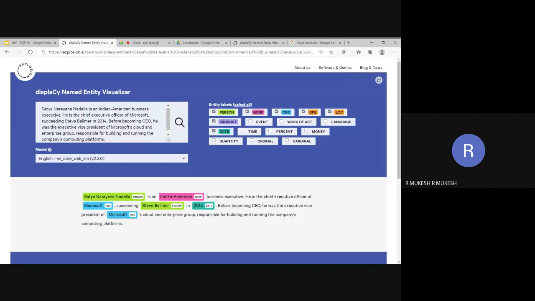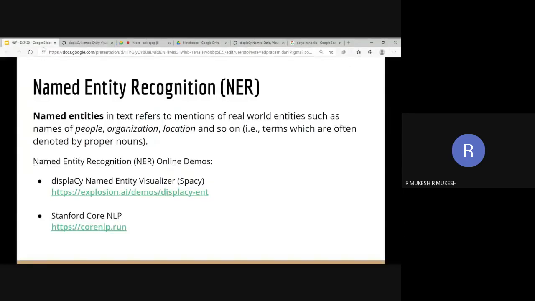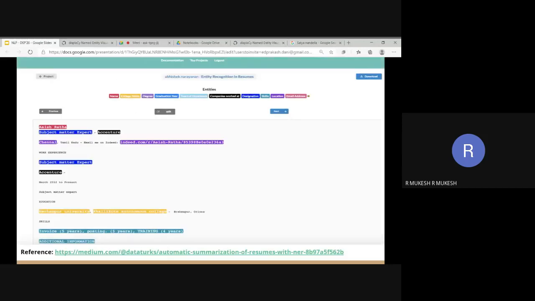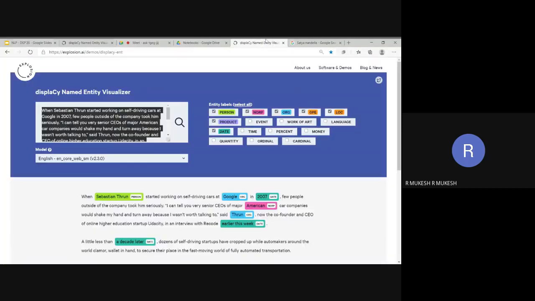So being able to identify people, places, dates, or other things, maybe if you select some more, you might be able to extract some more entities. Here there are only these. This process is called named entity recognition, and that was named entity recognition for the English language.